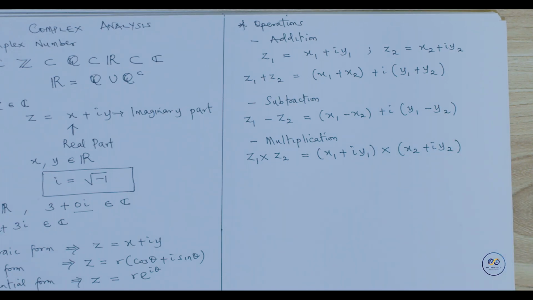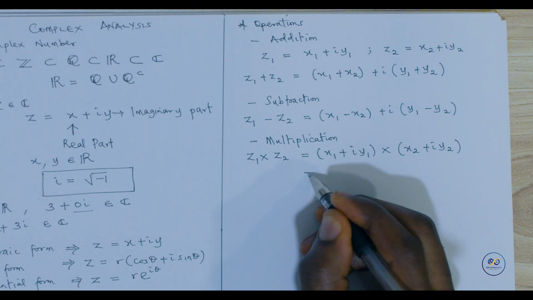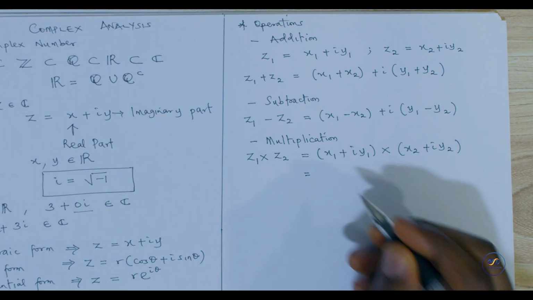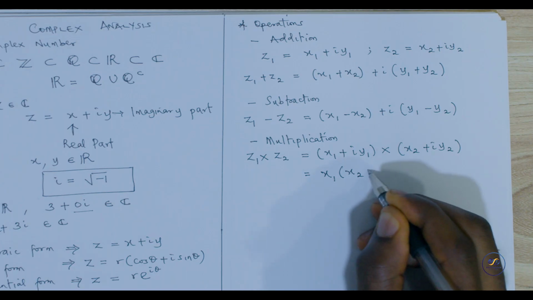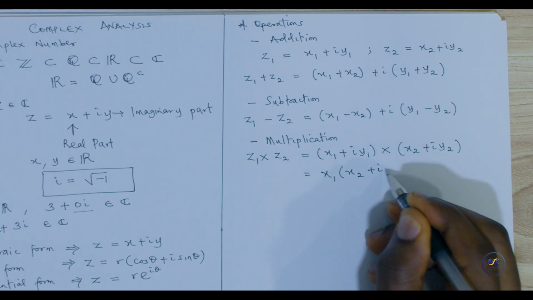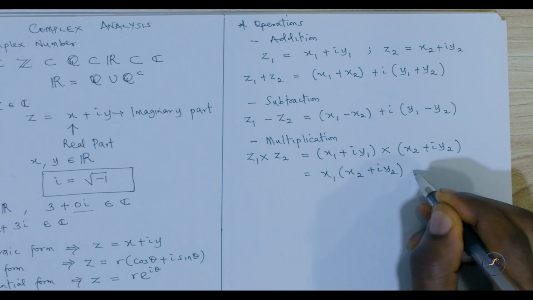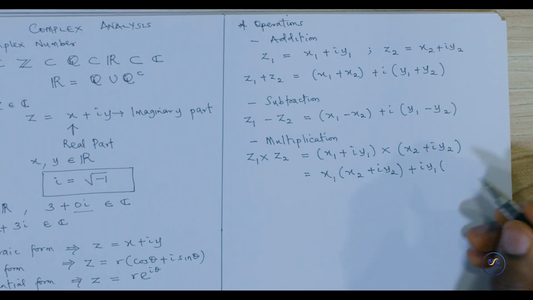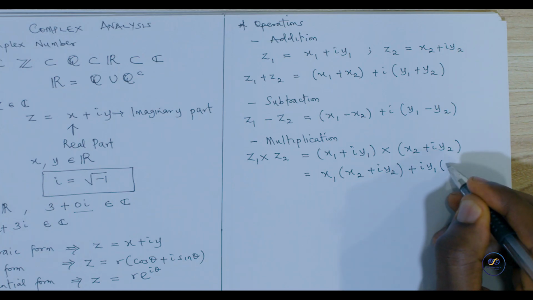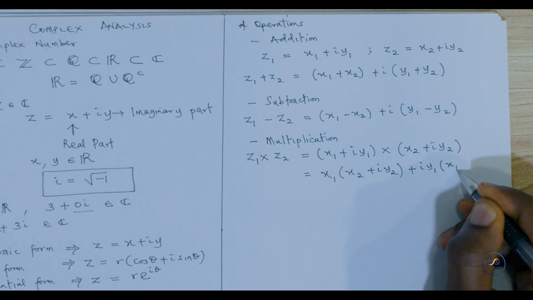Now, in this case, what would we have? We would have, the same way we expand, x1 multiplying the entirety of z2, and then iy1 multiplying the entirety of z2.